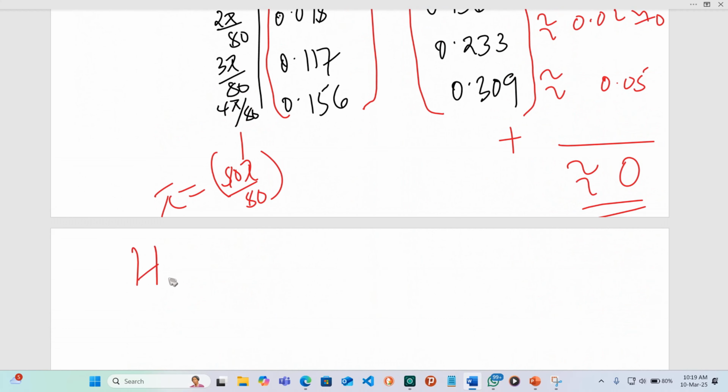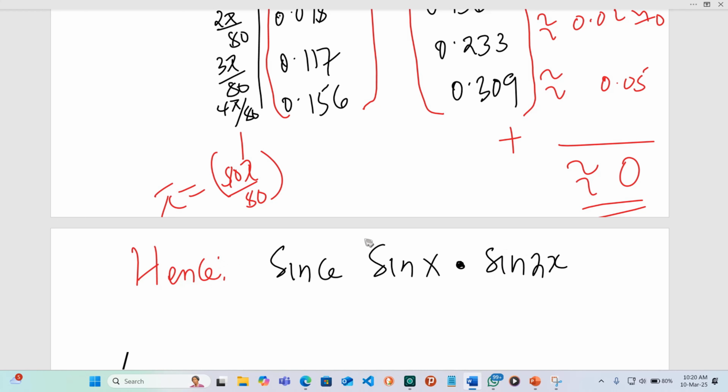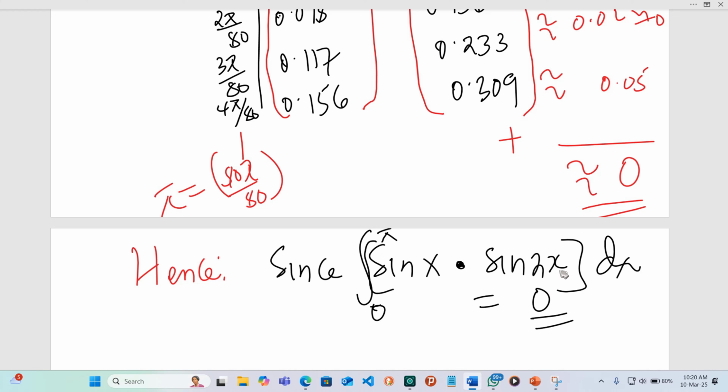So hence, since the integral of sine x times sine 2x over a symmetrical interval, let me say 0 to pi, with respect to x, is going to give us 0.